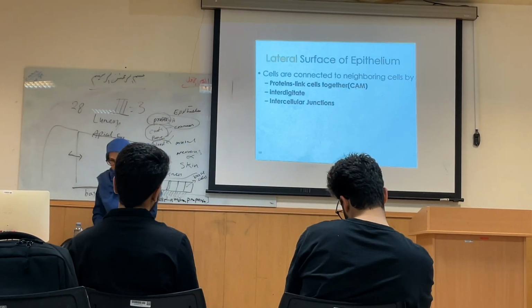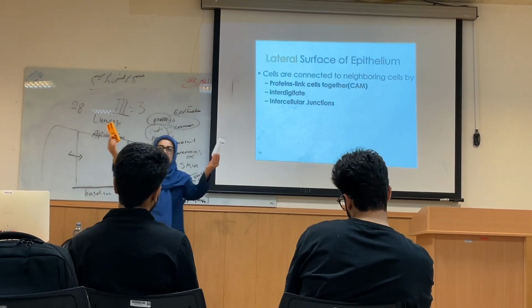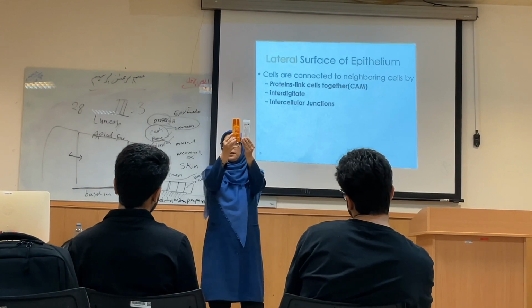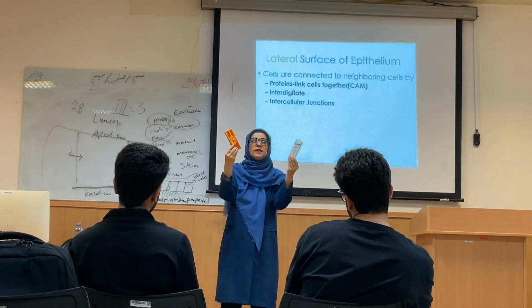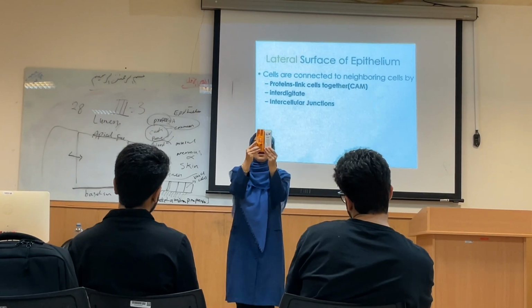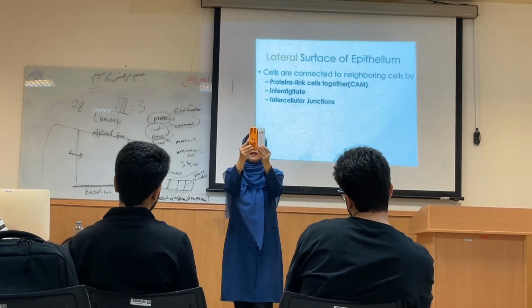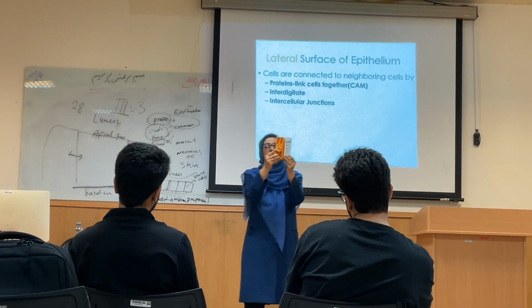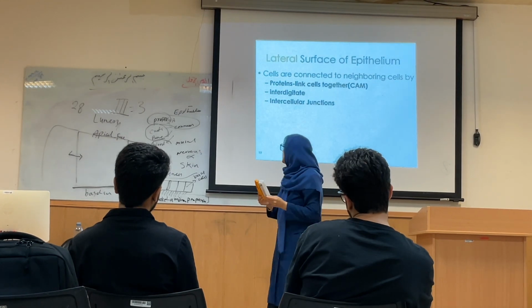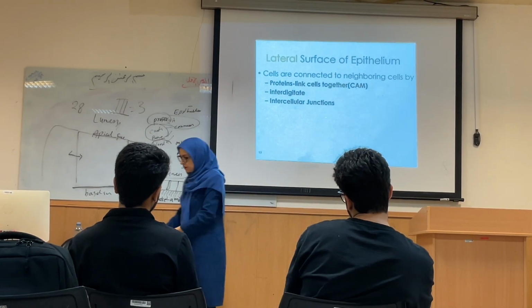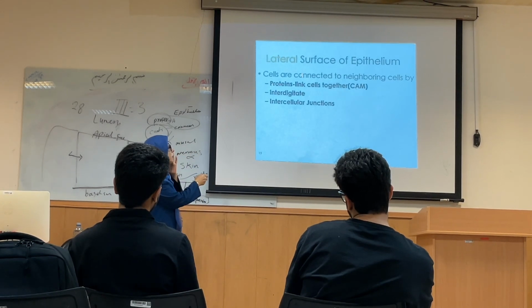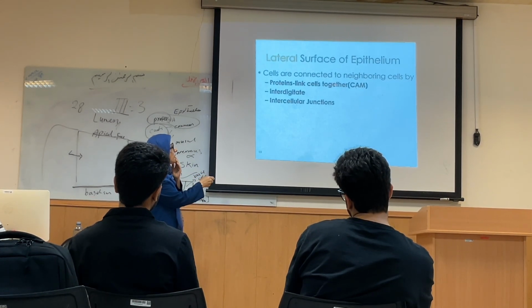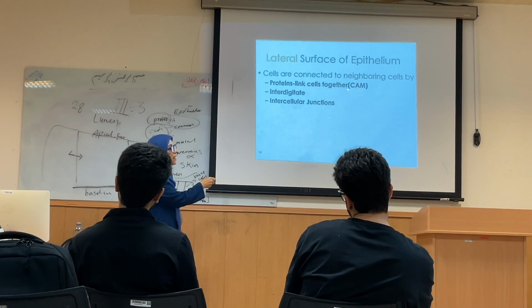These two surfaces are located between two cells. Two cells are attached together by the lateral surface. The first things in this surface are some structures that attach these two cells like glue. They are named intercellular junctions, and also some proteins that link the cells together are named cell adhesion molecules.